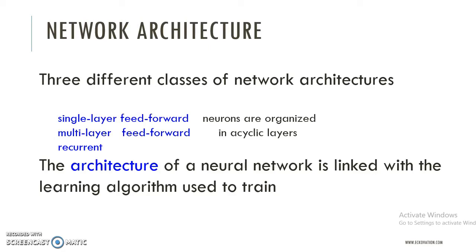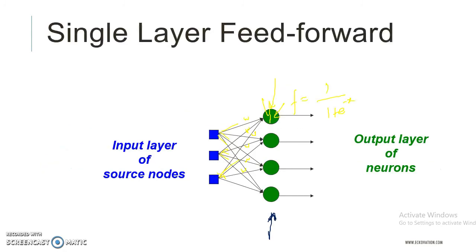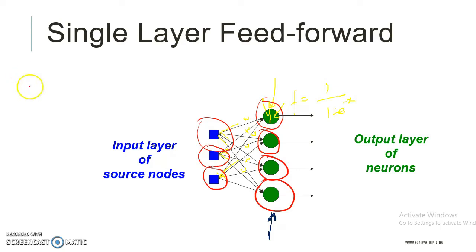So what is happening in this single layer feed forward? If you can see, there are different input layers. Okay, so this one is the different input layers, and these are the different nodes. Before telling these three things, there are three major processes and three major layers we are having.